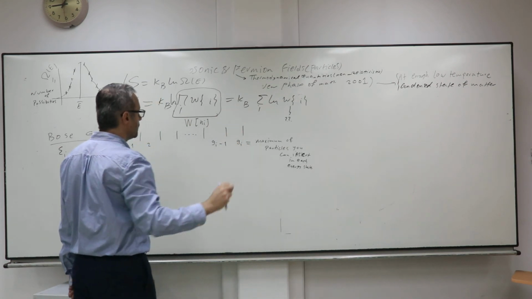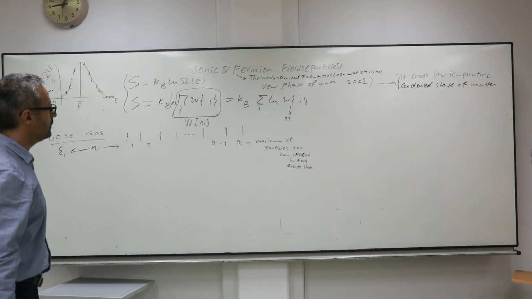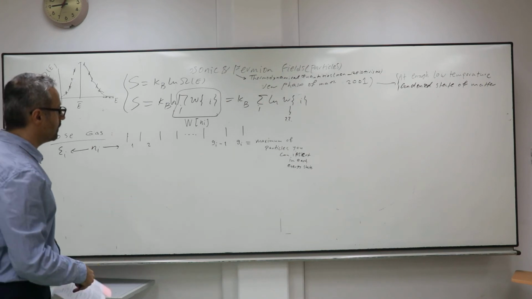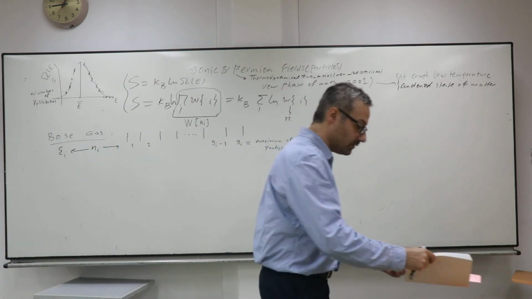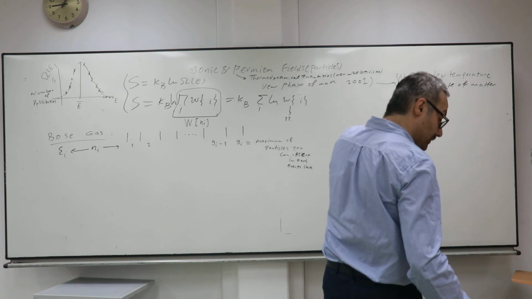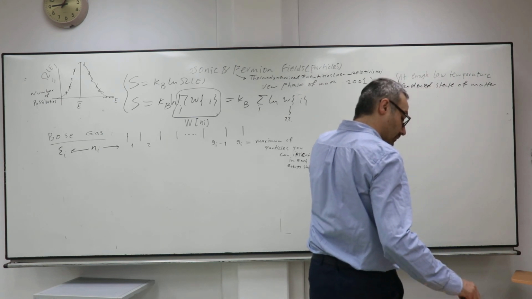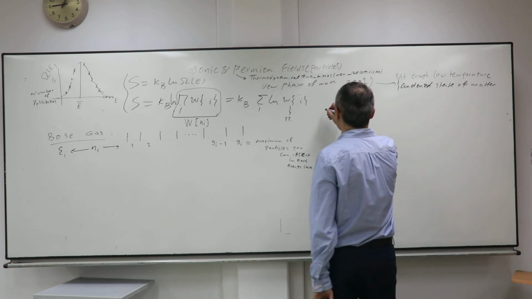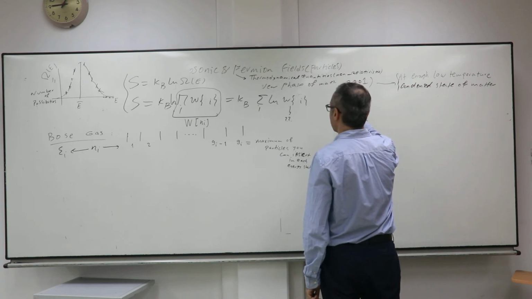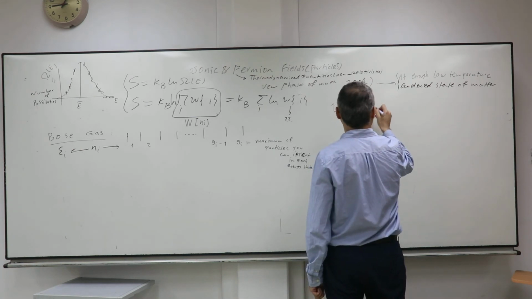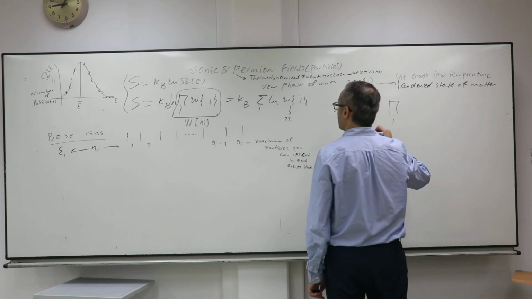Each possibility should be multiplied to give you the maximum. So now we can use the counting method.